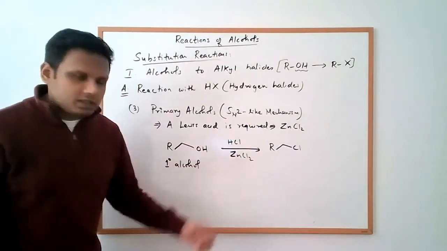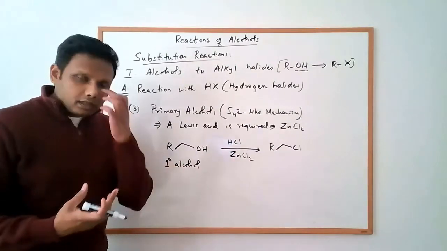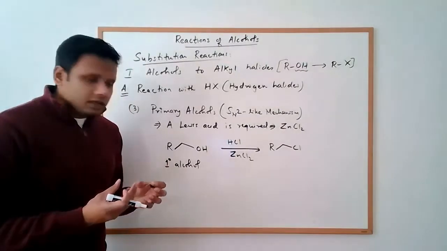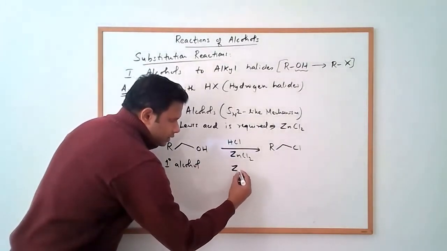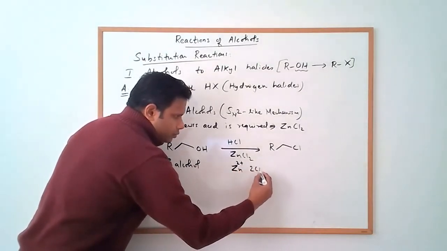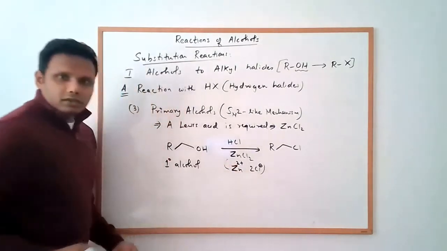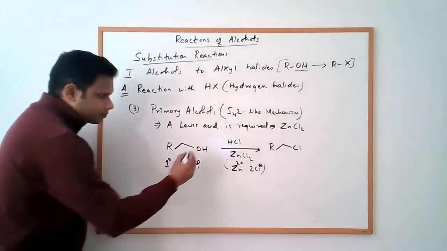Now, what is the zinc doing here? The zinc is a metal. It's Lewis acidic. It has a positive charge on it, because zinc chloride is basically zinc 2+ with 2 chloride ions. So the zinc has a +2 charge on it.